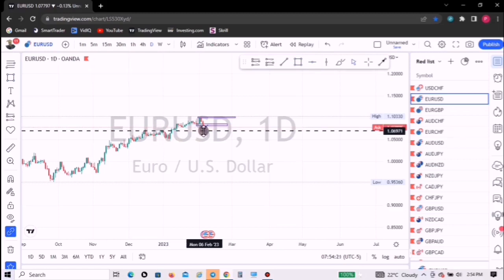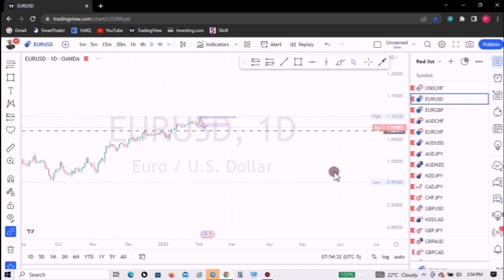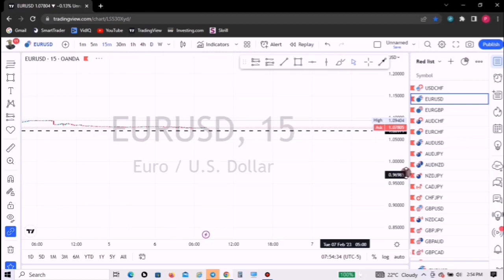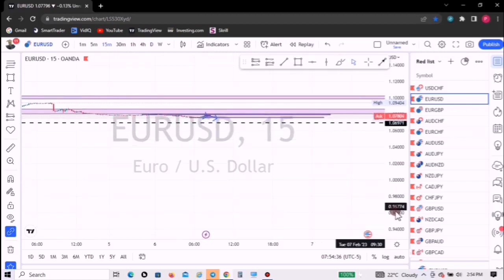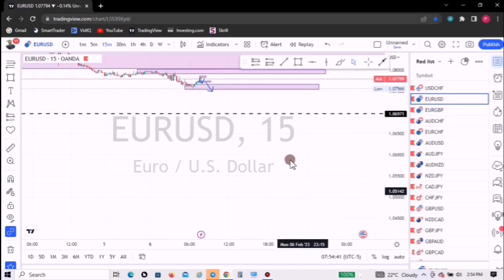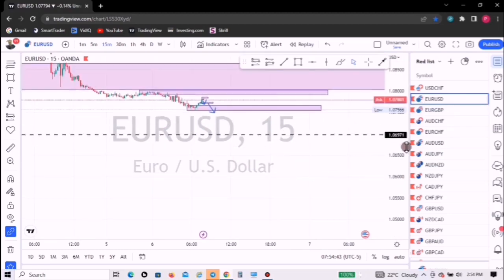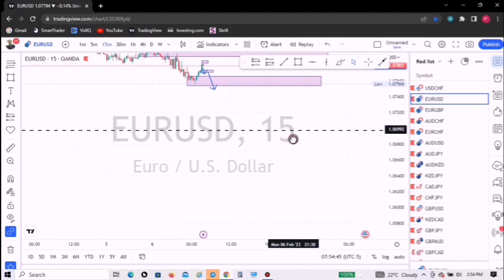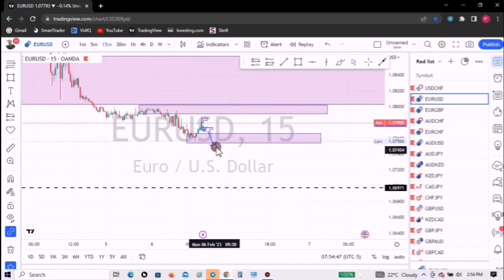Maybe you want to put your take profit somewhere at this level because price might bounce here and continue in the upward movement. So in this case, you are strict about your take profit. And after identifying your take profit, when you switch to the 15-minute time frame, if you find that your take profit is very close to your entry point, you can ignore that trade.